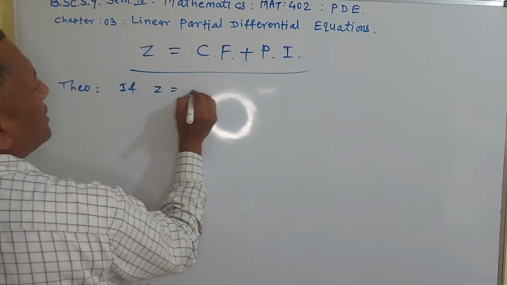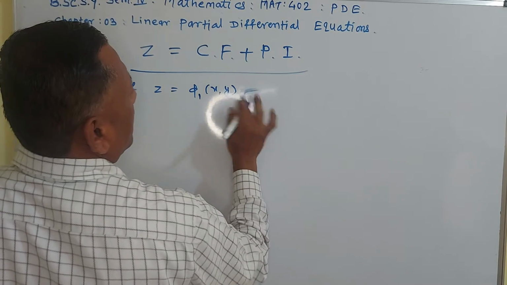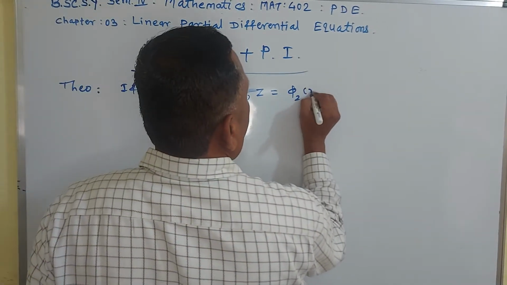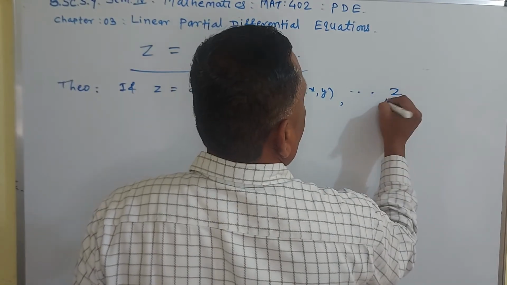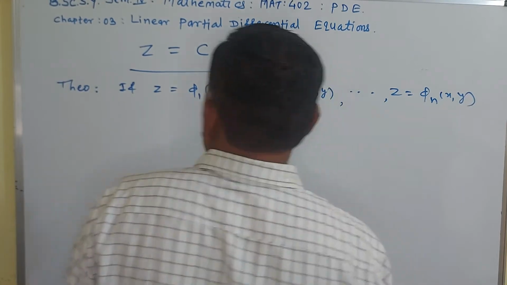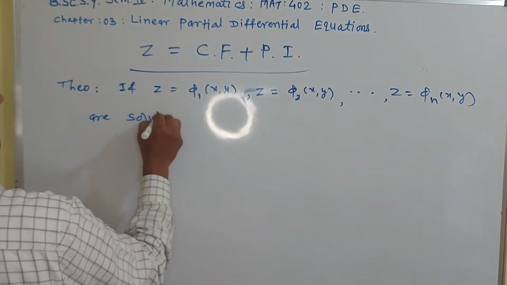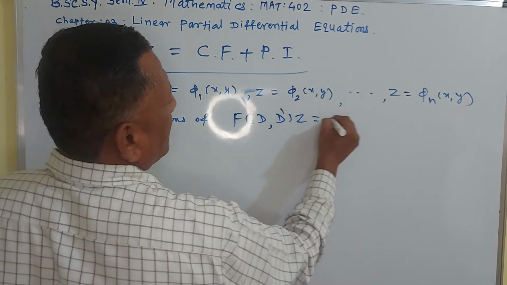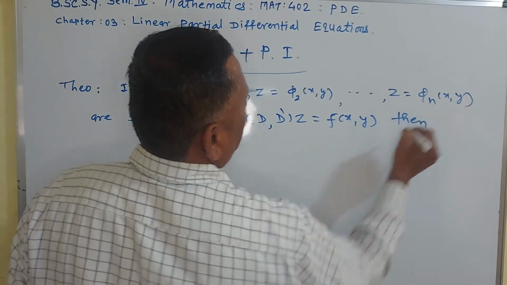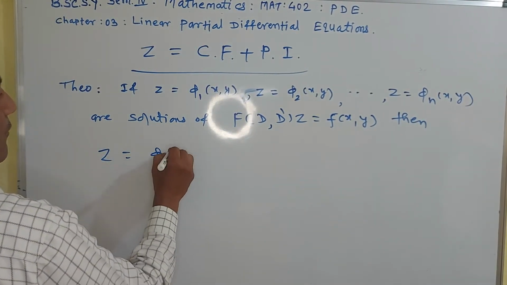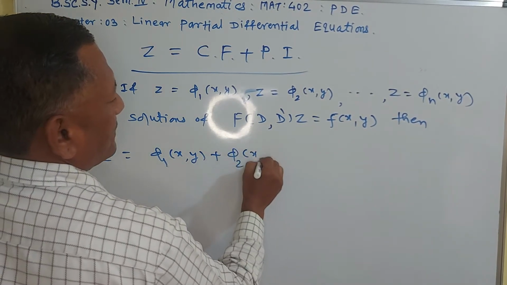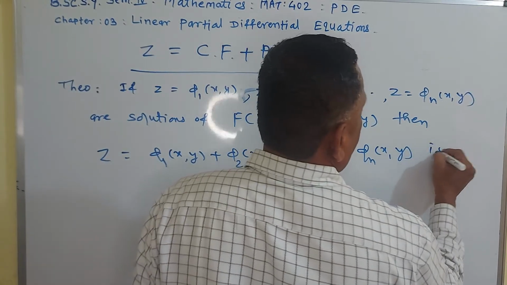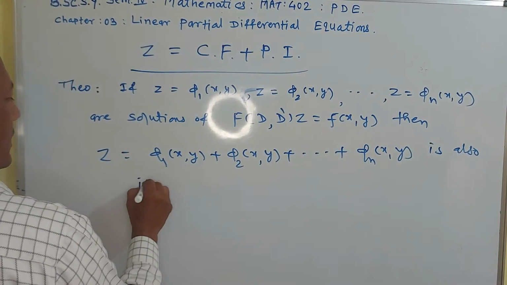If z equal to phi1(x, y), phi2(x, y), and so on up to z equal to phin(x, y) are solutions of f(D, D') operated on z equal to f(x, y), then z equal to phi1(x, y) plus phi2(x, y) plus phi3(x, y) plus up to phin(x, y) is also its solution.